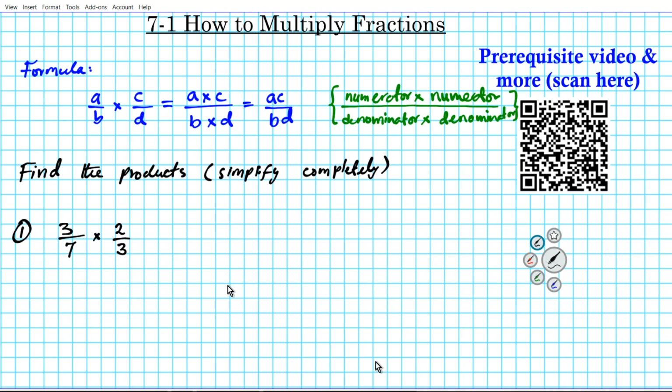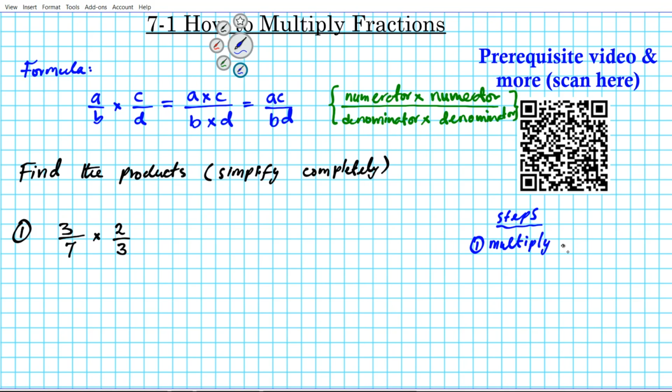Okay, before we start with this example, let's review the steps for multiplying fractions, the steps that we're going to be using in this tutorial. Okay, so here are the steps. The first thing you'll do is you want to multiply the fractions. How do you multiply the fractions?